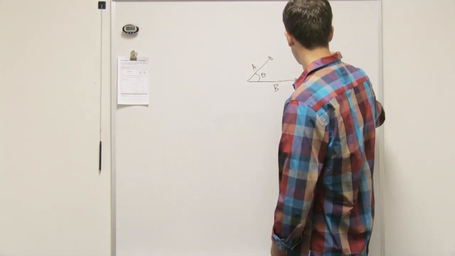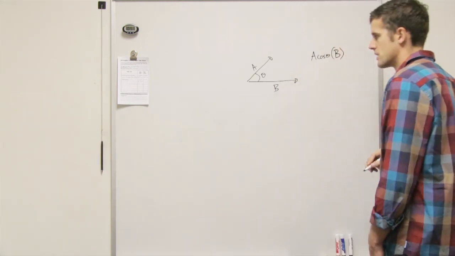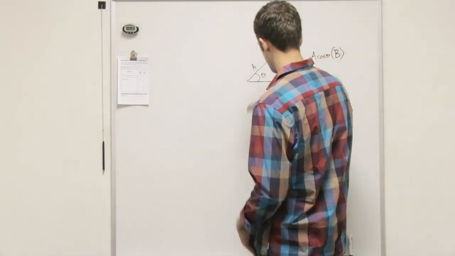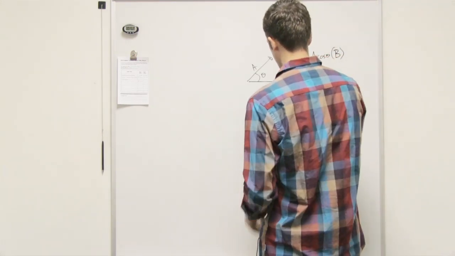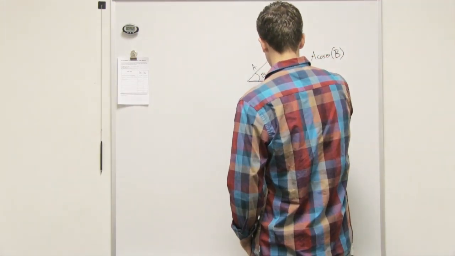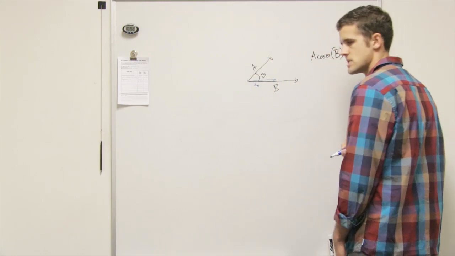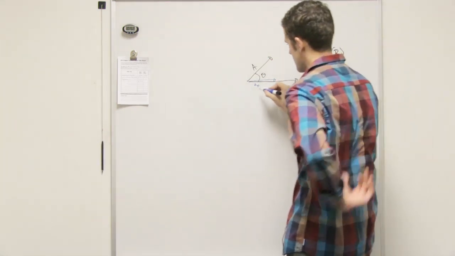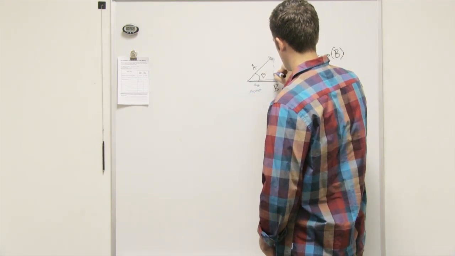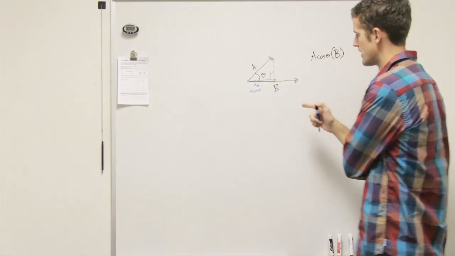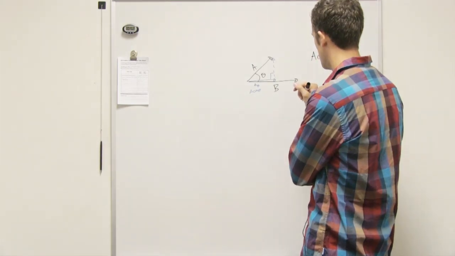When we do A cosine theta times B, really what we're doing is finding the component of A in the direction of B. So this is A in the direction of B, and that's A cosine theta, just because this is a right triangle. And then we can multiply it straight by B. Makes sense.